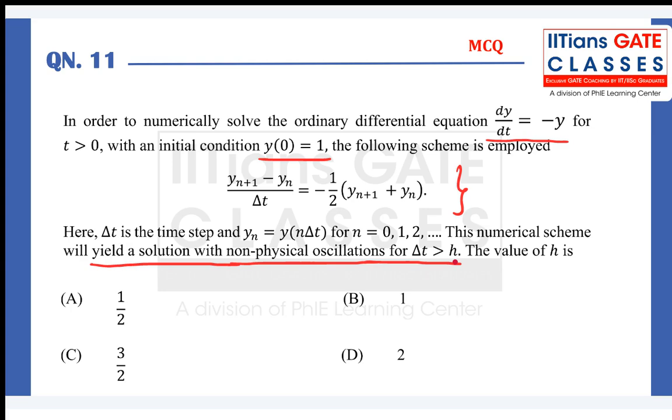You need to find the critical value of the time step delta t above which, if you take bigger time steps than the h value, your numerical solution will oscillate and will not converge. There are 4 options, and you need to find the correct one.